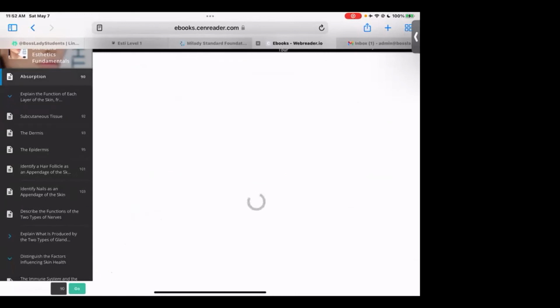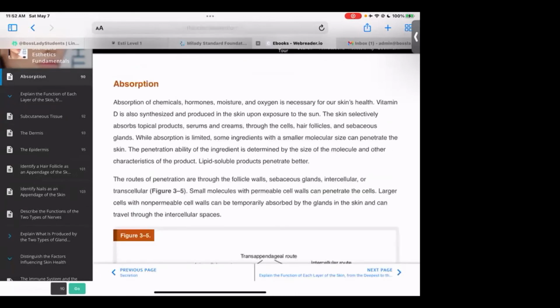The next is going to be absorption. Absorption of chemicals, hormones, moisture, and oxygen is necessary for our skin's health. Vitamin D is also synthesized and produced in the skin upon exposure to the sun. Sun exposure is something that we actually need, although too much sun exposure, especially if the other functions aren't working properly, can prove to be a bad thing.